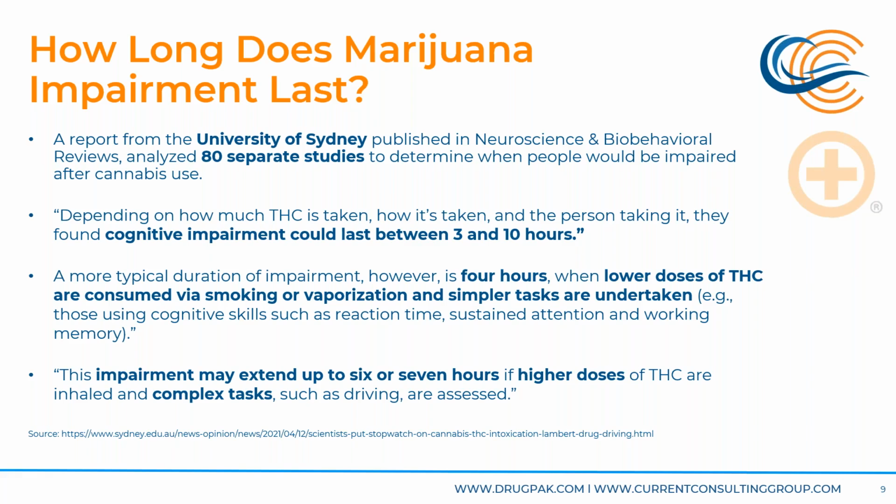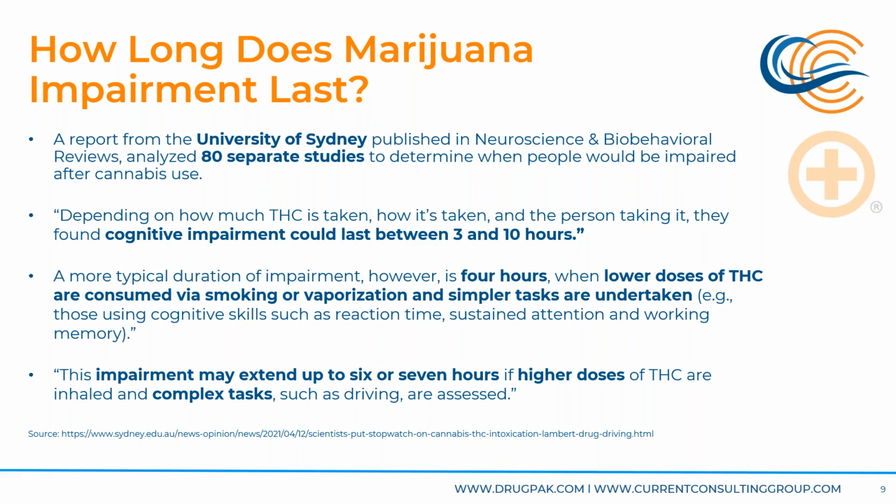And starting with that second bullet, depending on how much THC is taken, how it's taken, right? Whether it's smoked or chewed with gummy bears or something like that, and the person taking it, whether they're a regular or occasional drug user, and what their body build is, they found cognitive impairment could last between 3 and 10 hours.